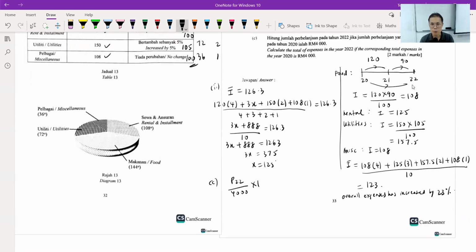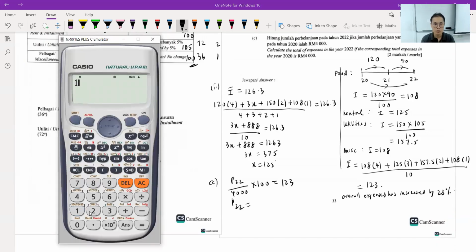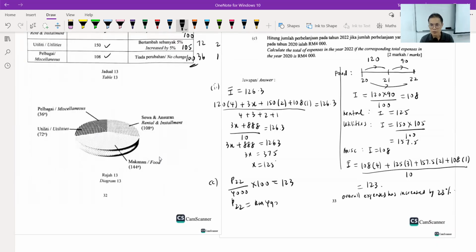We already said that the overall expenses increased by 23%, so the index is 123. To find P22, we just take 123 times 4,000 divided by 100. So, yes, 4920. RM 4,920.